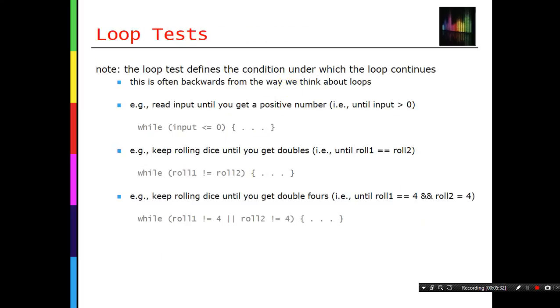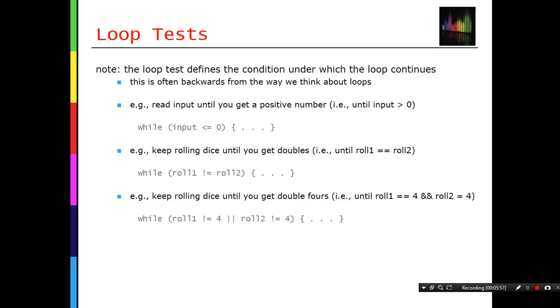Now, loop tests are what we know as the thing in between the parentheses for the while loop. It defines the conditions under which the loop continues. So for example, sometimes this is backwards in the way we think about loops.